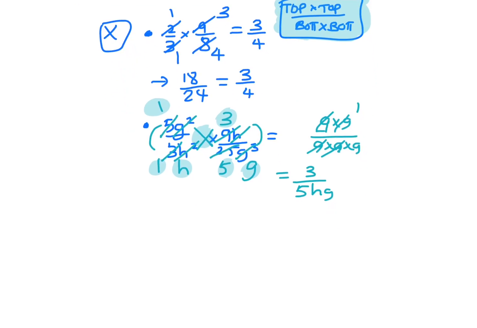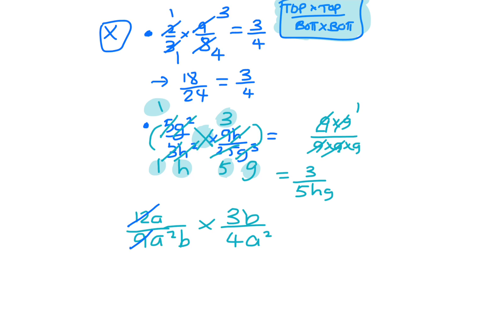I just want to make it clear that say you have 12a on 9a squared b times 3b on 4a squared, that you can actually cancel straight up and down as long as it's top with bottom. That's because if you divide the top of a fraction by the same number as the bottom, you don't actually change it.